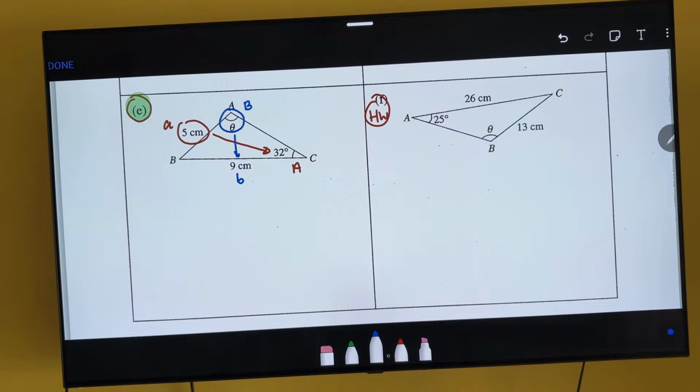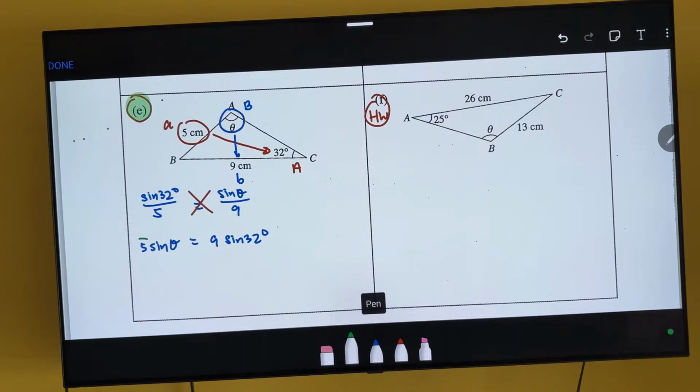So sine A over a, all right. That means it's sine 32 degrees over 5 equals sine theta over 9. Use our favorite method. Let's cross multiply. Next, we do not need our 5 on the left.